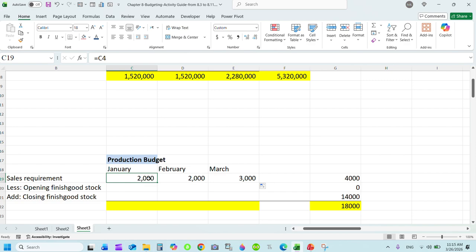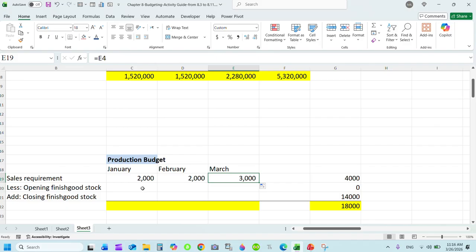Your production output must meet your sales requirement. So accordingly, you need to sell 2000 in January, 2000 in February, 3000 in March.